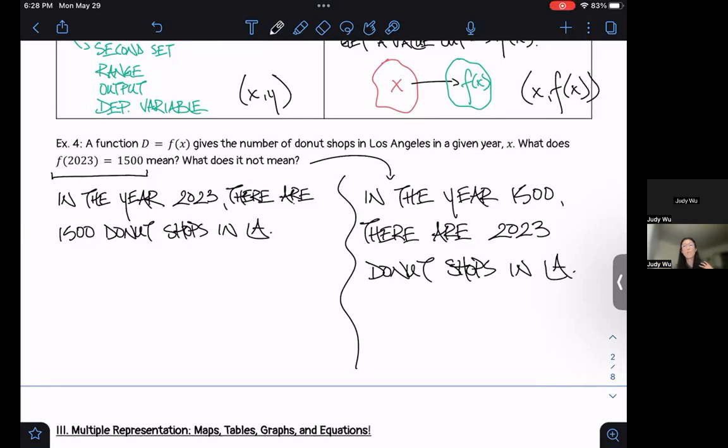Okay, so one mistake might be that we switch our input and our output. We're not reading our units carefully and we misinterpret what that means. All right, so it would be important that we keep the order there. But I bet you all are pretty creative. Spend some time and think about what other things could it not mean? How could someone misinterpret what this means? Okay. All right.